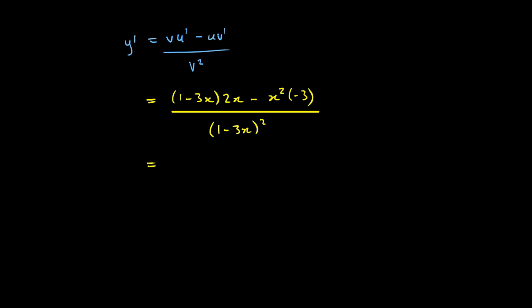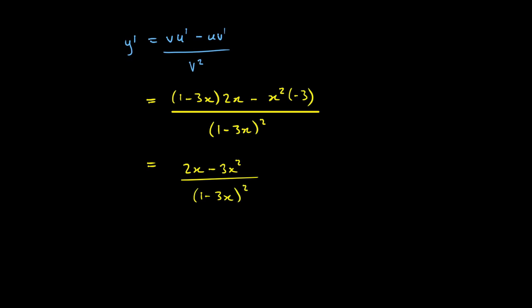So we've got 2x minus 6x squared plus 3x squared. And of course, minus 6x squared plus 3x squared is just going to be minus 3x squared. So I think I'll just simplify that straight away. Minus 3x squared, all divided through by 1 minus 3x all squared.